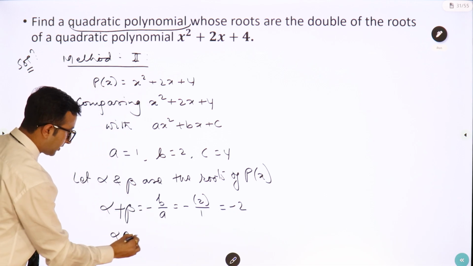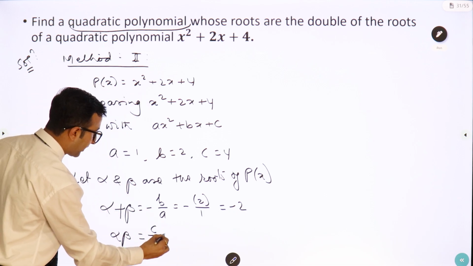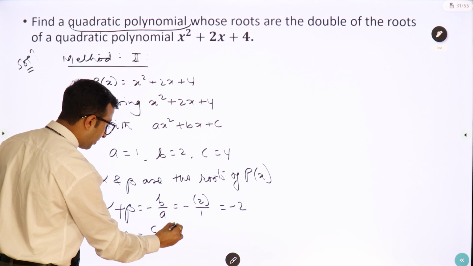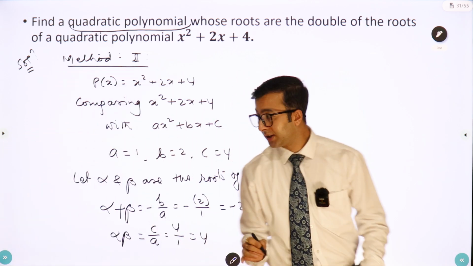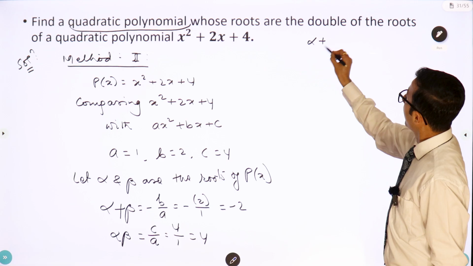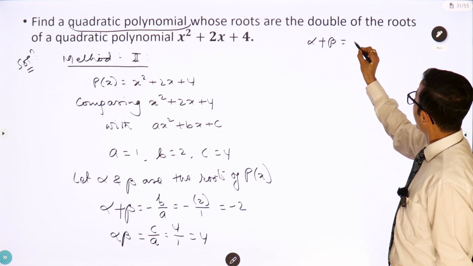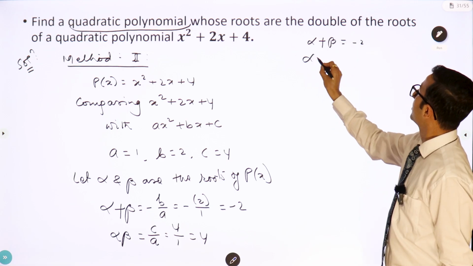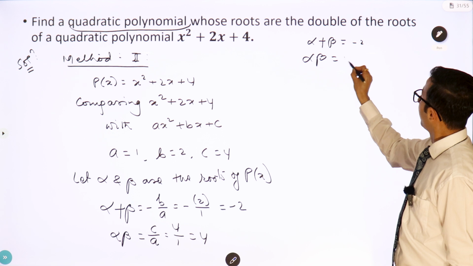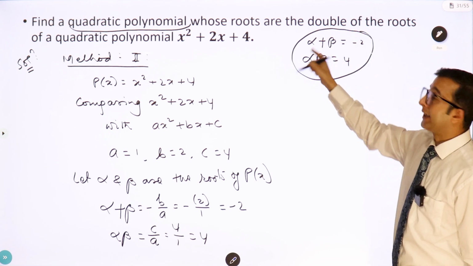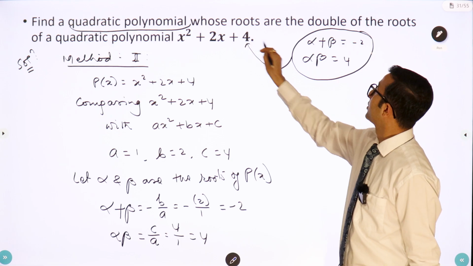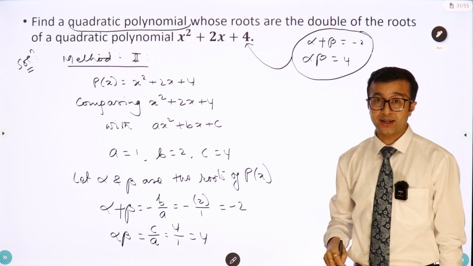The product of the roots is c divided by a, in place of c there is 4 divided by 1, that is equal to 4. So the sum of the roots is minus 2 and the product of the roots is 4, for this polynomial x square plus 2x plus 4.